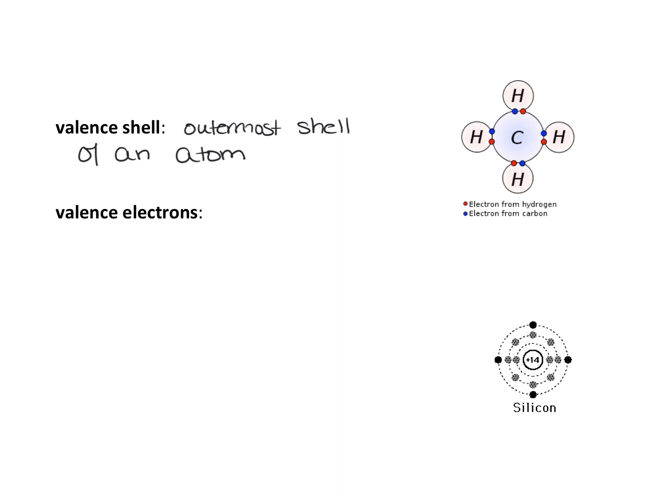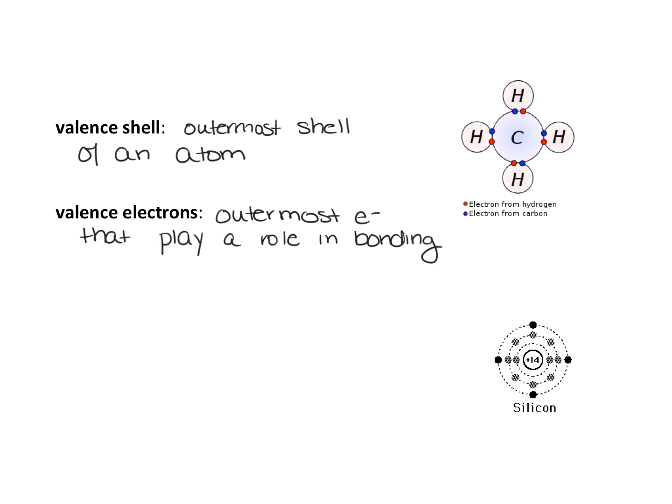So let's put some definitions to this. Valence electrons are the outermost electrons that play a role in bonding. And so what happens is with electrons, we said electrons were in orbitals.